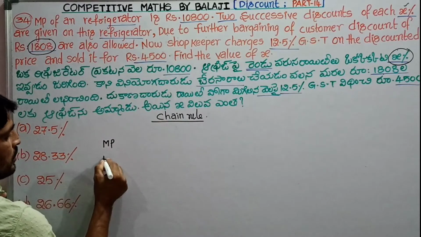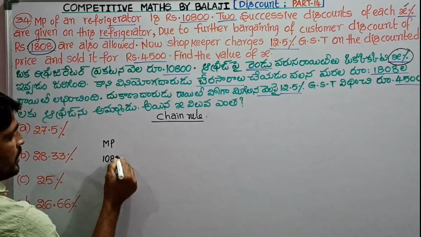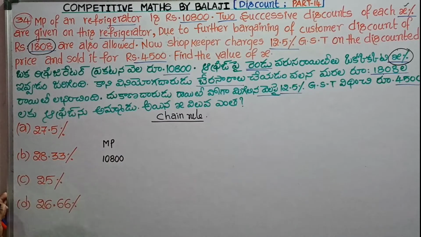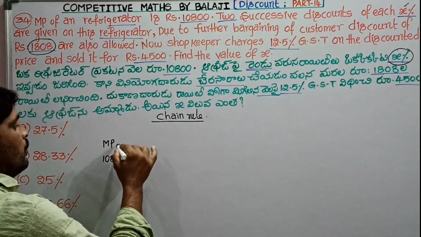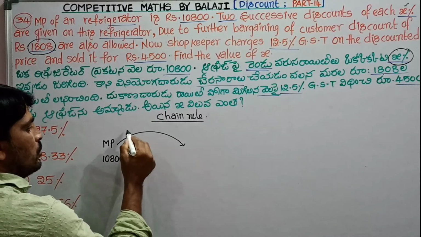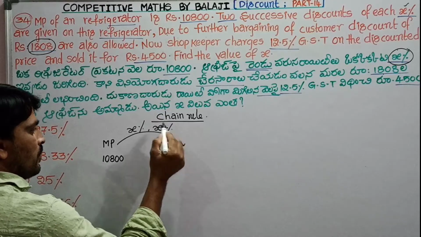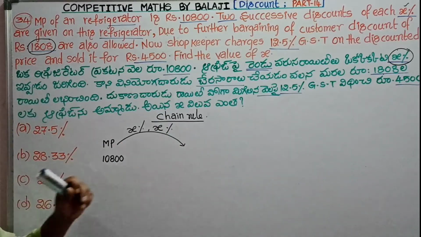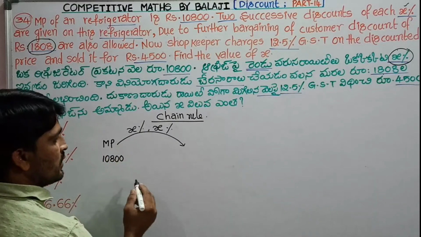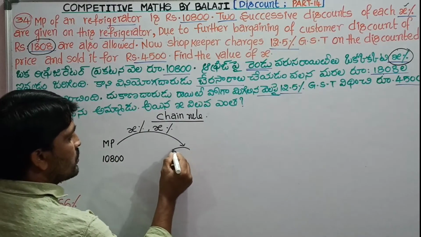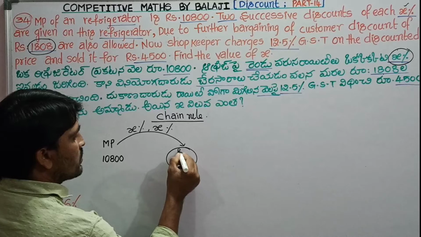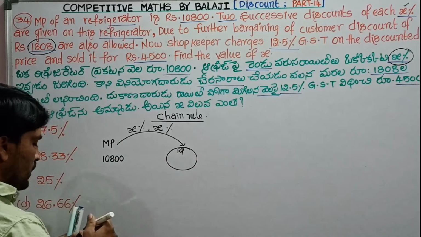Consider the market price is 10,800, and we are given two successive discounts each of X%, X%. Then this is the reduced price.